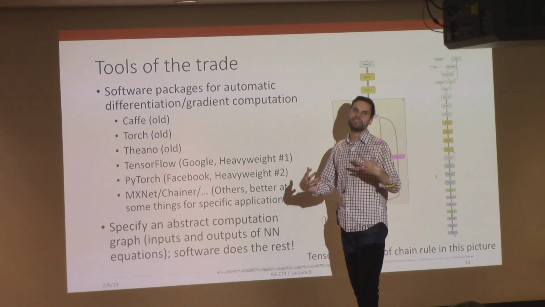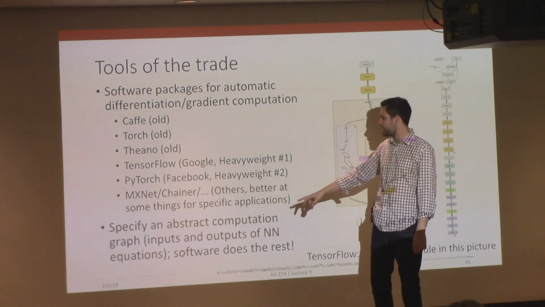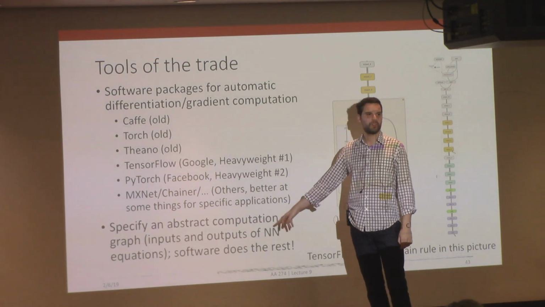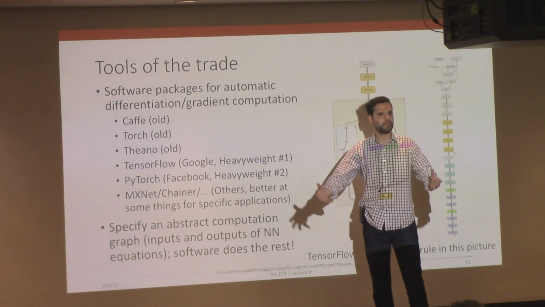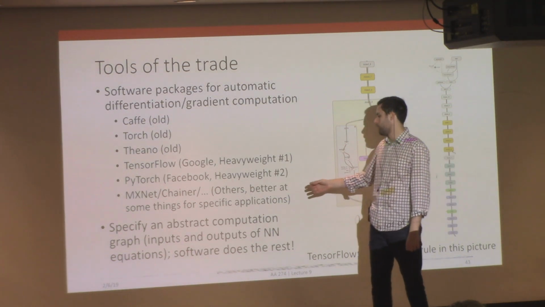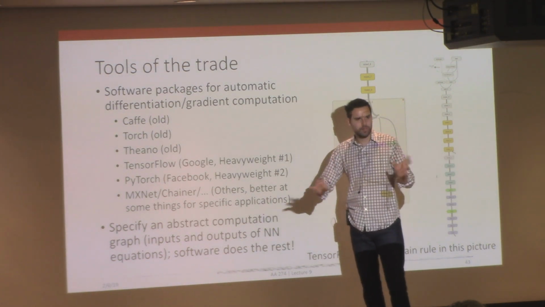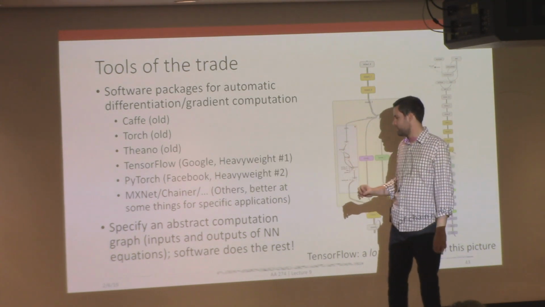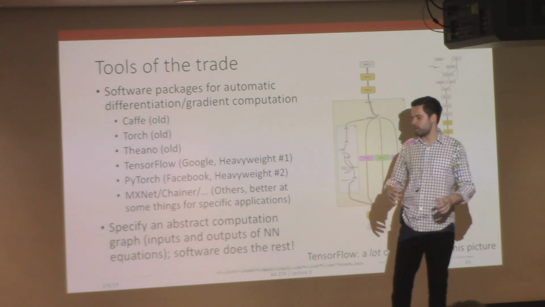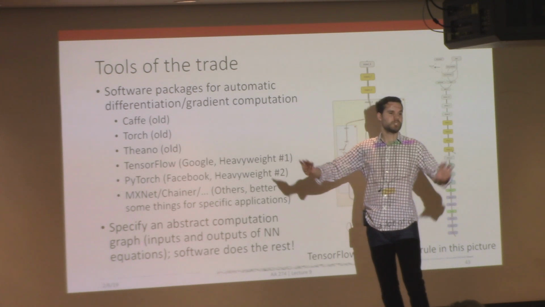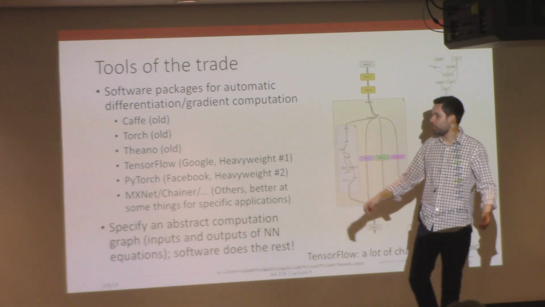But the whole idea of these kinds of frameworks is that you're specifying an abstract computation graph, remember from the tutorial, where the computation graph in this sense is basically just inputs and outputs of neural network equations. And then the software handles the rest for you, which is why they're so popular.